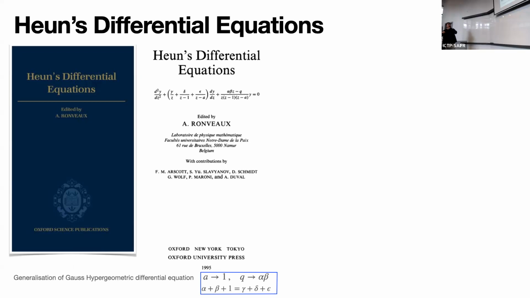It's a second order differential equation with 4 singular points: one at z equals 0, one at z equals 1, one at some point a, and then another irregular singularity at z equals infinity. You can think of this more or less as a generalization of the hypergeometric function, in the sense that you can obtain the hypergeometric function from certain limits of it.